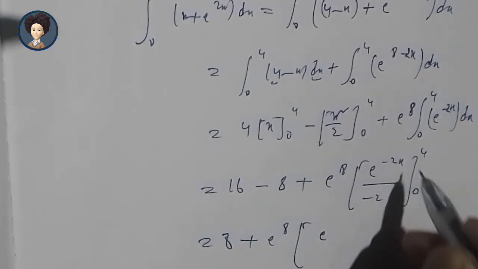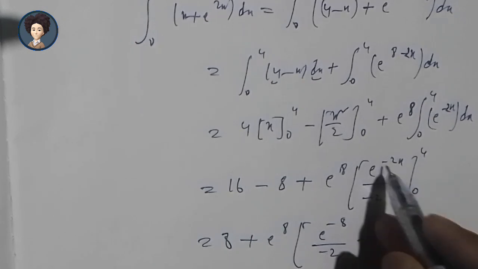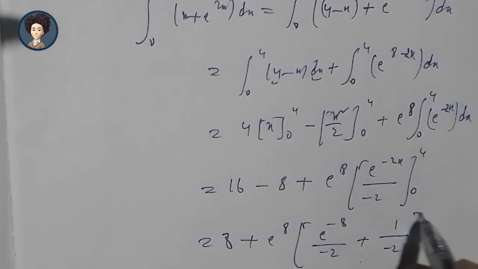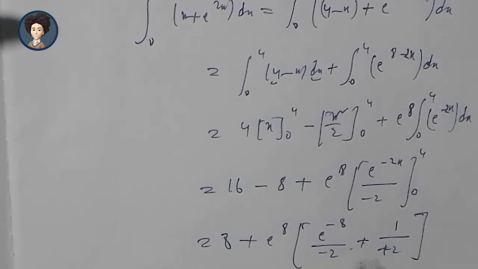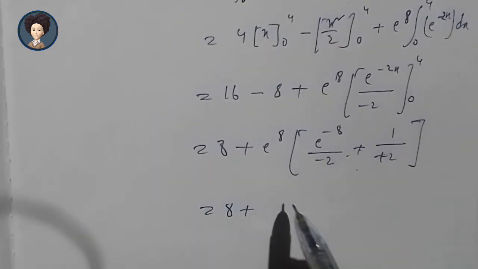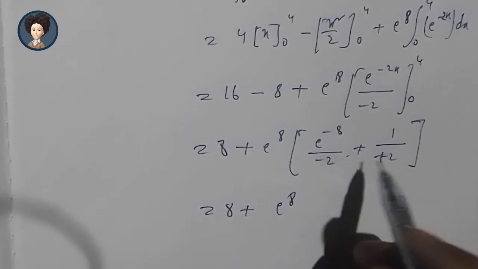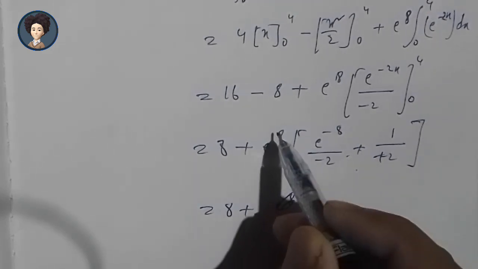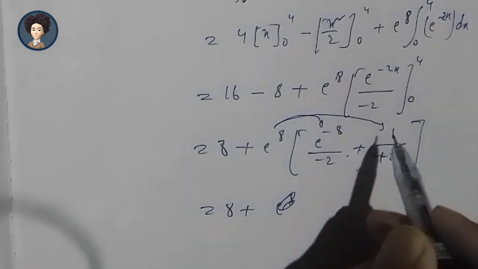4, then e to the power minus 8 divided by minus 2, and plus e to the power 0, meaning it is 1, and then minus 2, plus 2, and so 8 plus here left e to the power 8, and that e to the power 8 will be multiplied by this one and this one, isn't it?